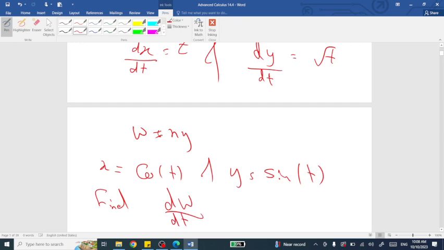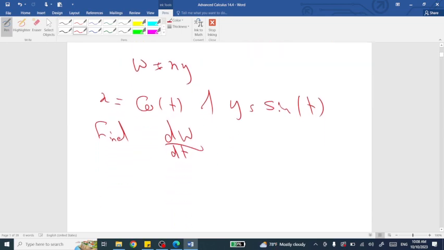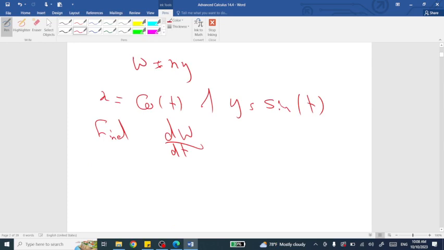The first is to substitute x and y. The second is to use the chain rule. In this example it's easy, but if we mix in more, like three variables, then we need to follow the chain rule. That's why I'm going to write dw over dt. I know it is partial w by partial x times dx by dt, plus partial w by partial y times dy by dt.